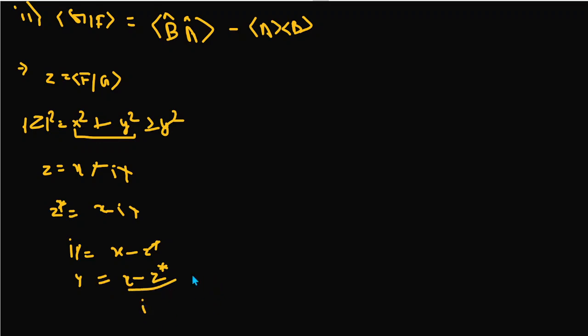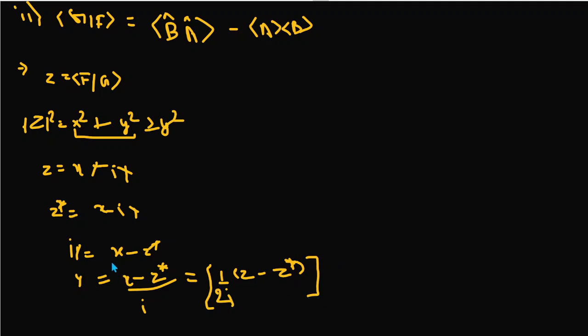Similarly, y can also be written in the form of 1 by 2 iota, and here it will be z minus z complex conjugate, in brackets just like this.